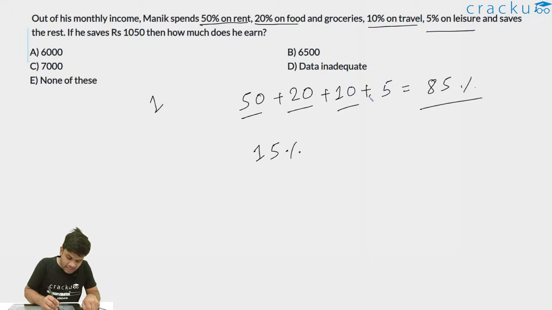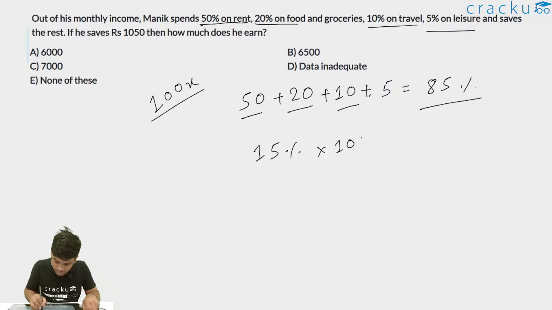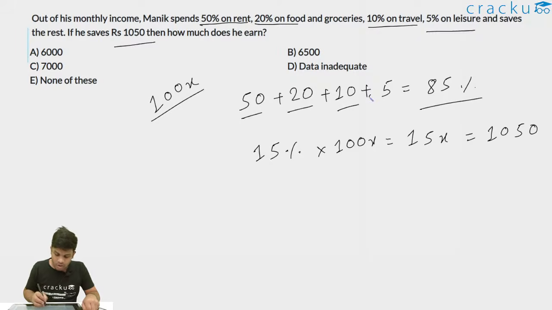Now let's take his monthly salary as 100x. So 15% of 100x will be equal to 15x. This is equal to rupees 1050. So from here you will get x is equal to 1050 divided by 15.